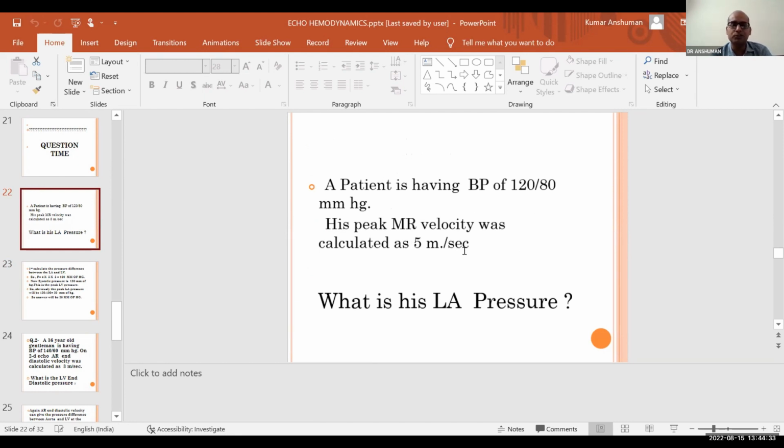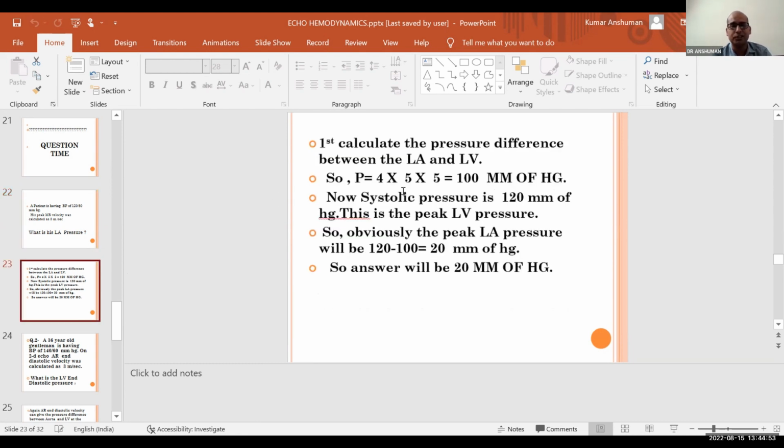So V2 minus V1 is the difference of the velocity. The peak MR velocity gives you the pressure difference between the LA and LV, which causes the difference in the velocity also. If you take the velocity into consideration, with 4V square you get the pressure difference.